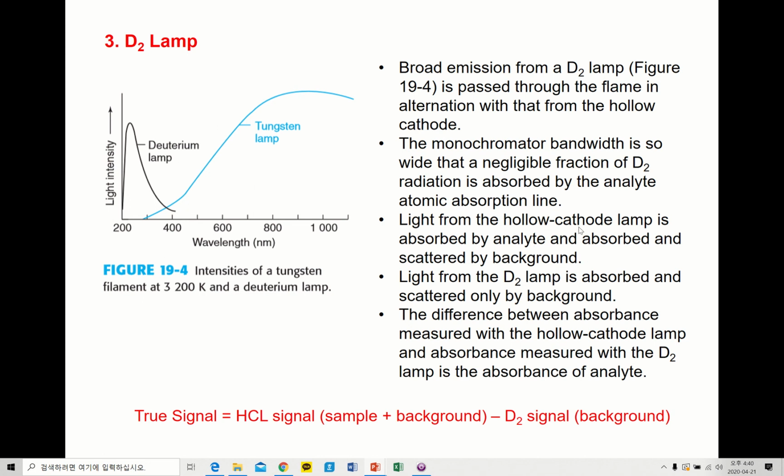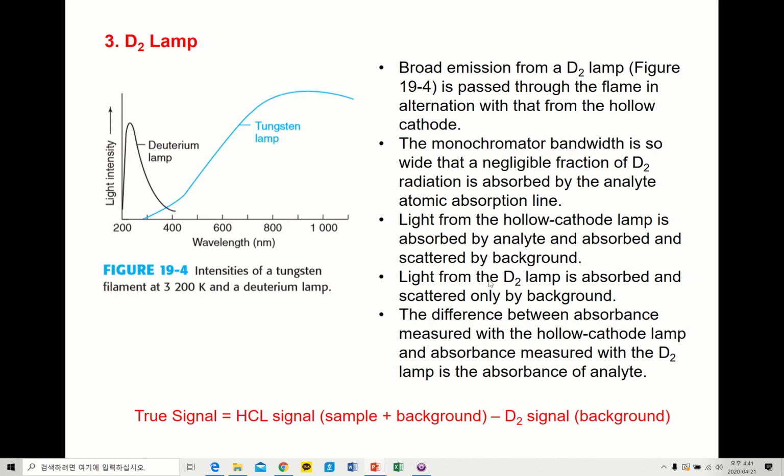In the hollow cathode lamp, we use the same element as the one we want to detect, so the light from the hollow cathode lamp is strongly absorbed by the analyte, and scattered by background.